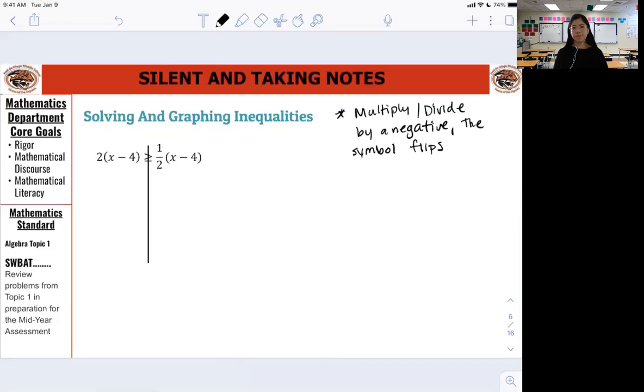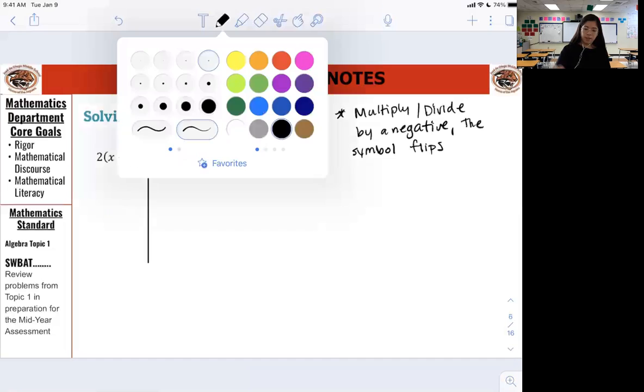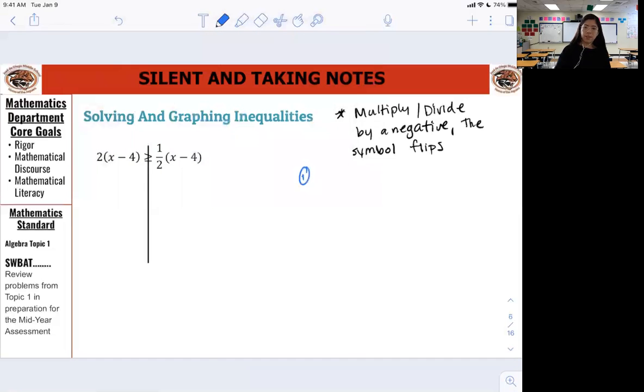The parentheses. Cool, let's get rid of those first. So what is the property called? Distributive property. Cool. So I'm going to distribute.